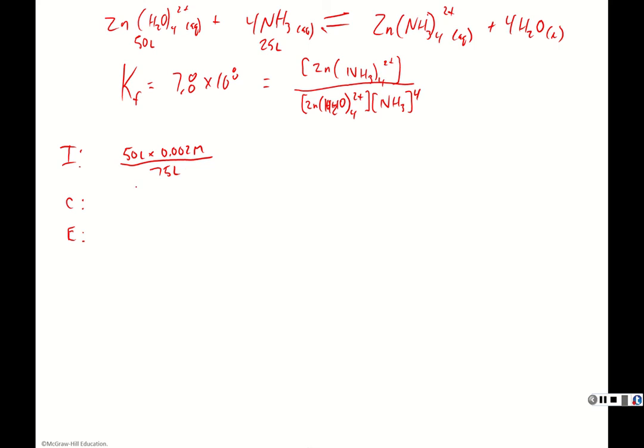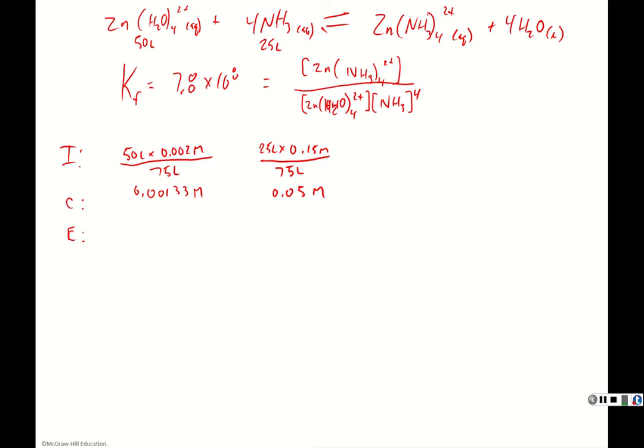Right, so when you do that, you get something like 0.00133 molar for our zinc tetra water. Our NH3 now is 25 liters times 0.15 molar divided by 75 liters, which is 0.05 molar.